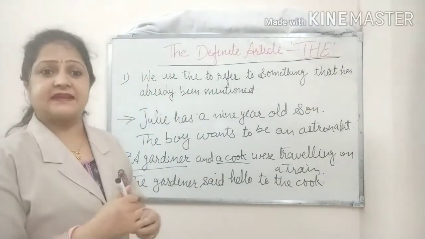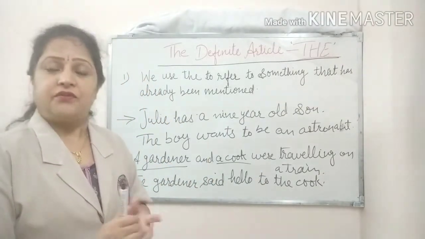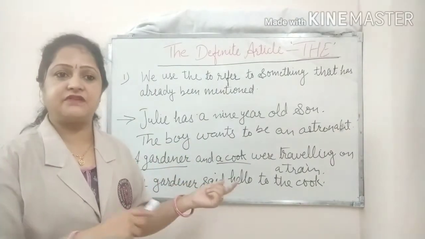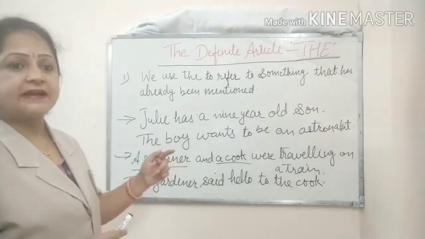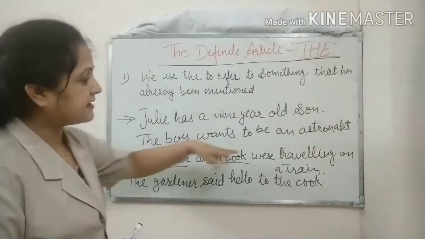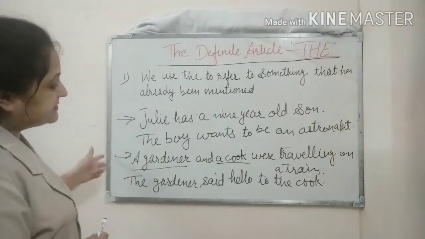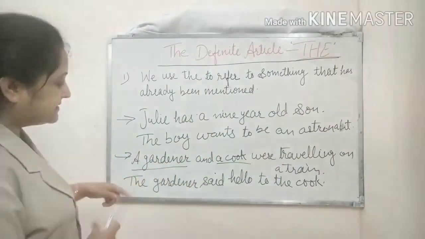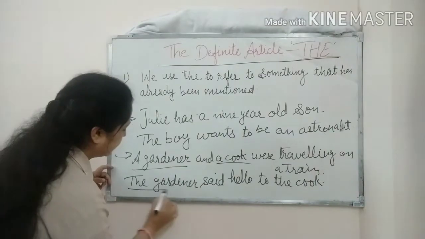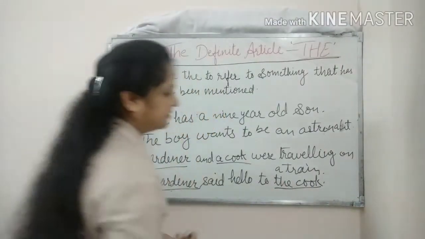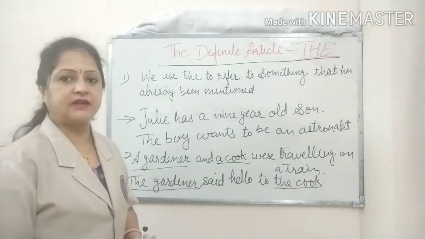But in the second sentence, we know about the gardener who was traveling on the train and the cook who was on the same train. So that's why in the second sentence I have written the gardener and the cook. I think it is clear to everybody.